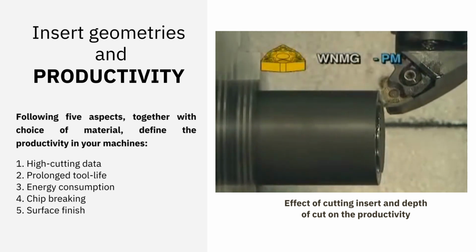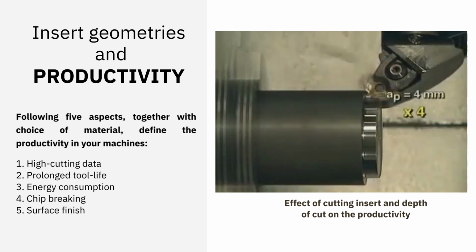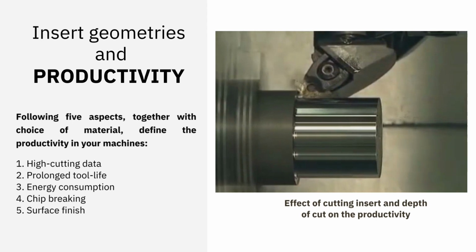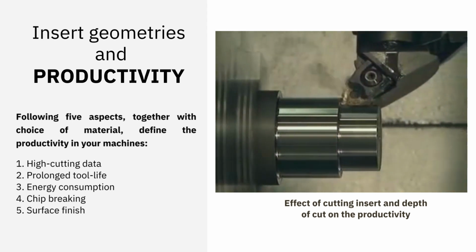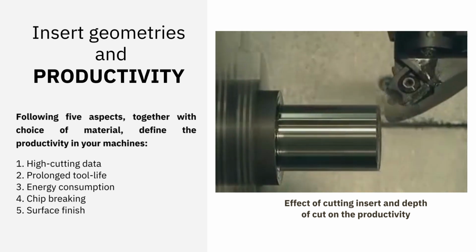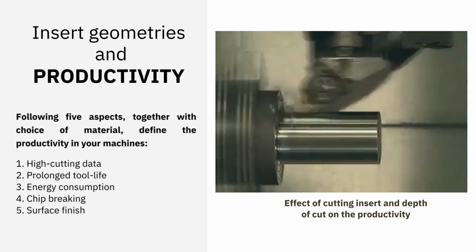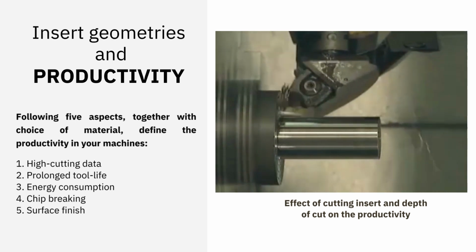Insert geometries and productivity. The productivity potential for a manufacturing process is all about the interaction between material, cutting tool, and machine. Choosing the right insert and parameters suitable for the material can allow higher cutting values while extending tool life.